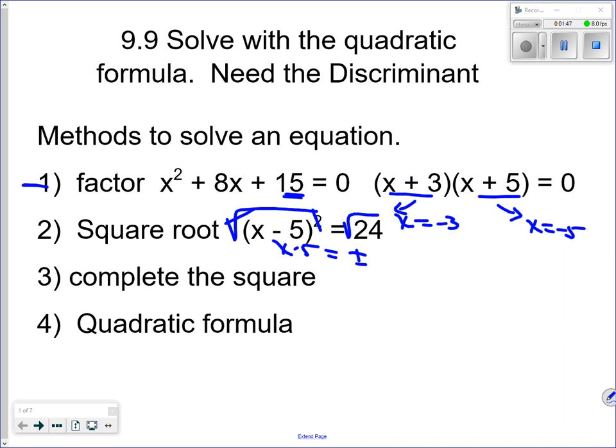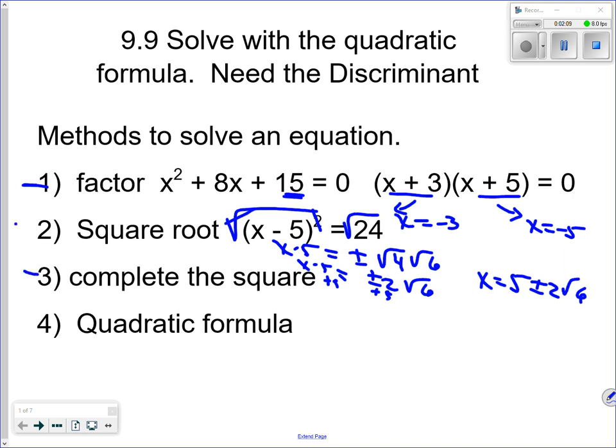For 24, we could choose 4 and 6. 4 is the biggest perfect square in there. Square root of 4 is 2, and then you cannot do the square root of 6. Last thing you would do would be to add the 5 to the other side. X equals 5 plus minus 2 root 6.